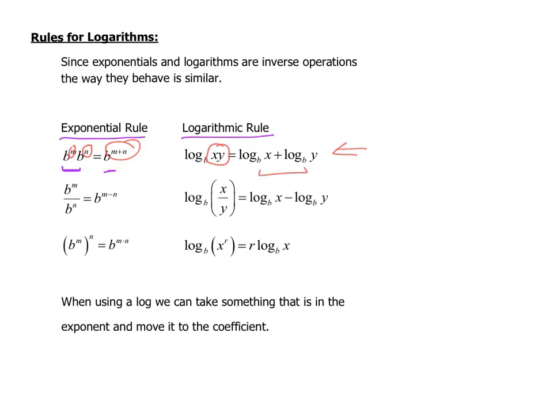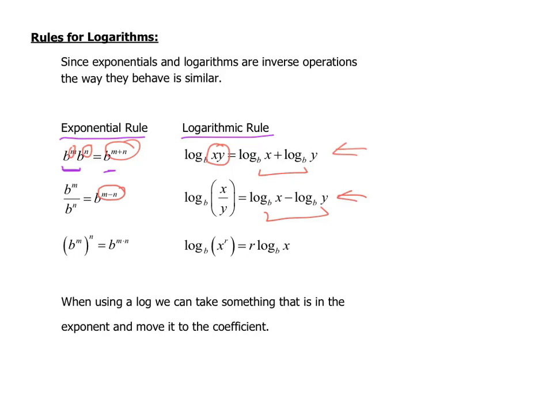When we're dividing things with the same base, we can combine them by subtracting. We've got the same thing with logs. If we're taking log of a quotient, we can break it apart by doing subtraction. And then when we are raising one power of b to another, we multiply. That's the same thing here.